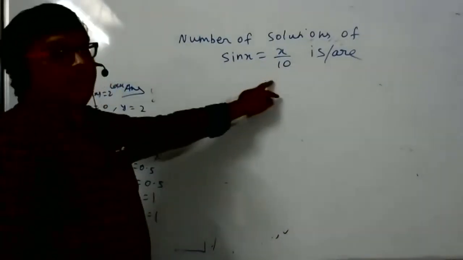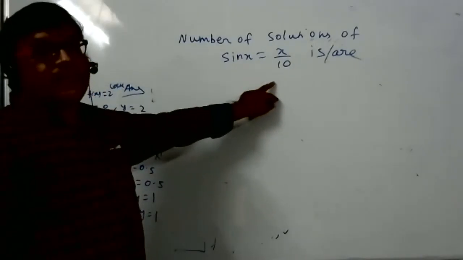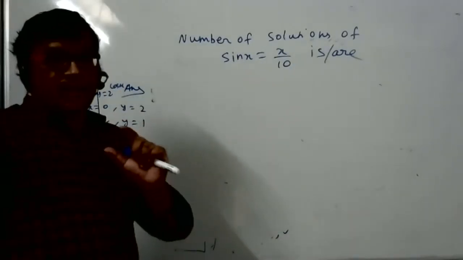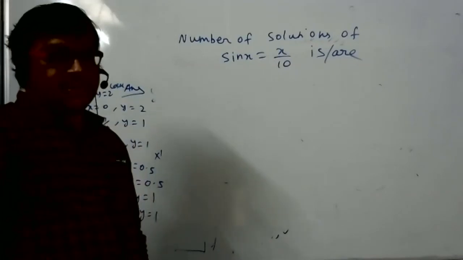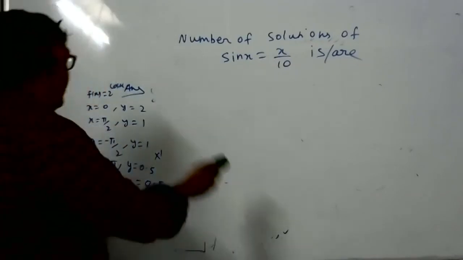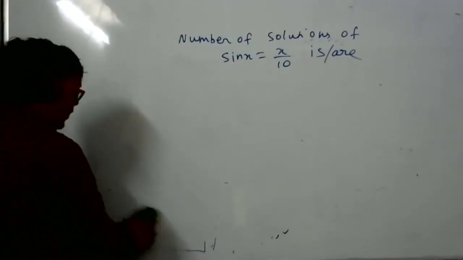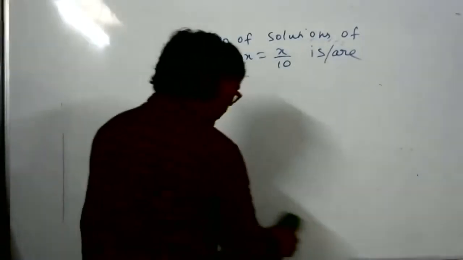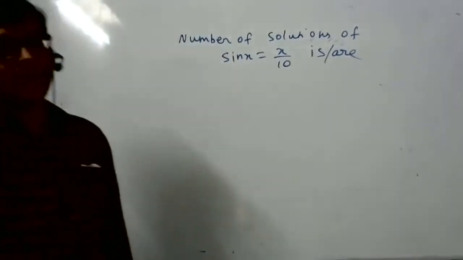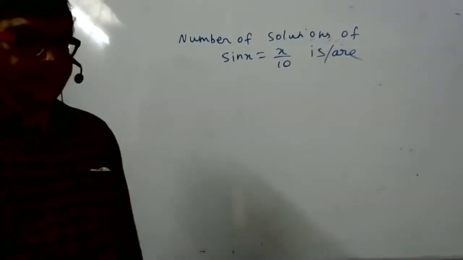X by 10. X by 10 means what? Linear graph or quadratic? Linear graph. X by 10 is a linear graph. When you plot a linear equation, which curve do you get? Linear graph. Straight line you will get.